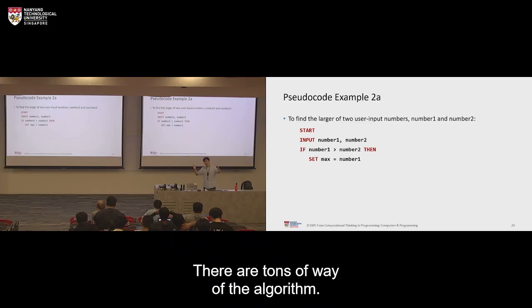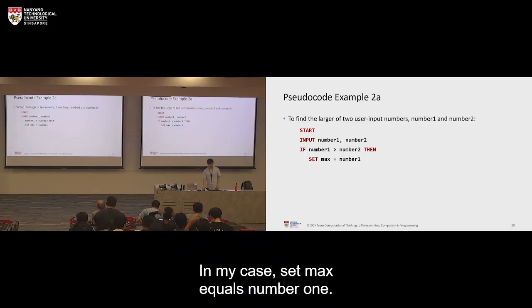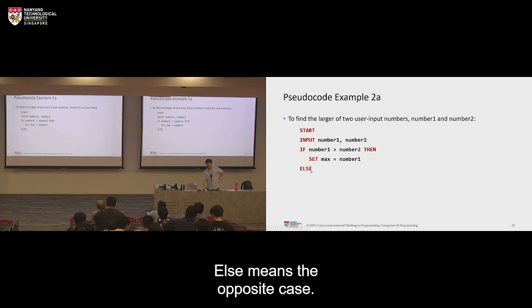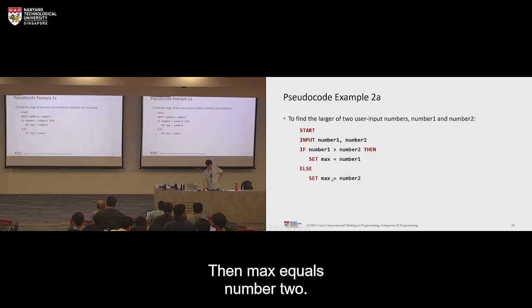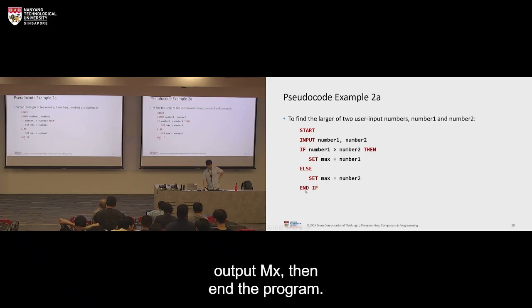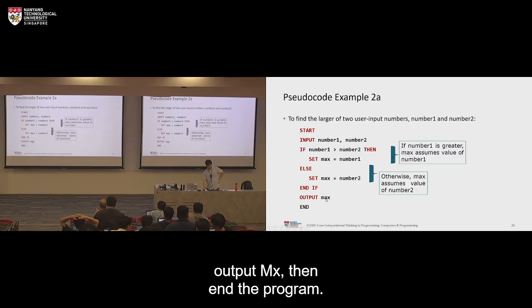Or this way. There are tons of ways to write the algorithm. In my case, set max equals number 1. Else means the opposite case, then max equals number 2. At the end of the program, output max, then end the program.